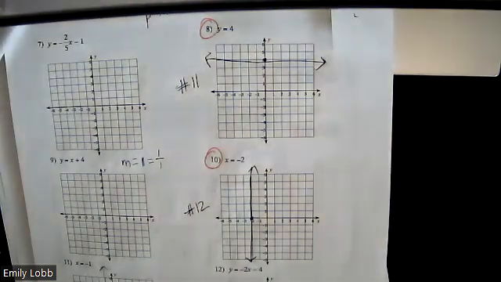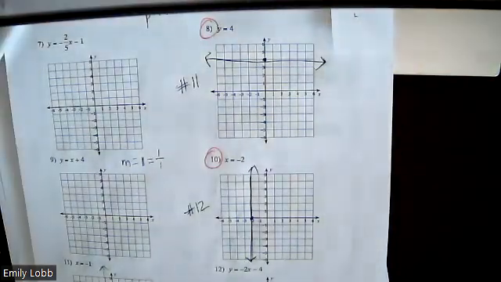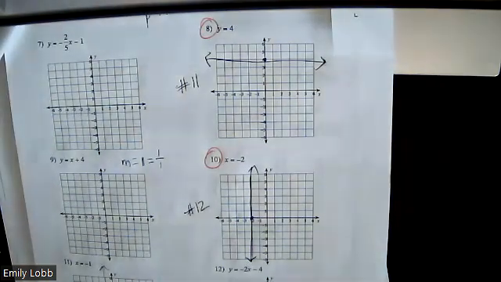So I would not look at your notes. I would look at what I just did because you did not do the stuff that you were doing. Y equals our horizontal lines, X equals our vertical lines.